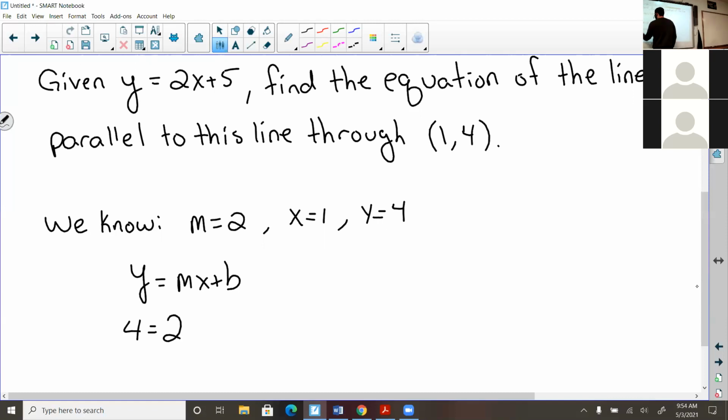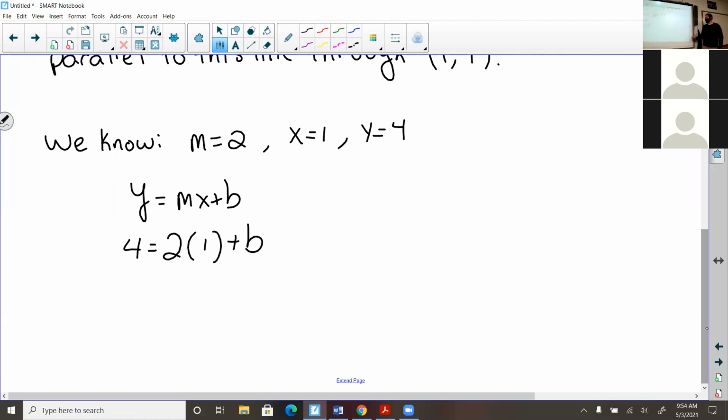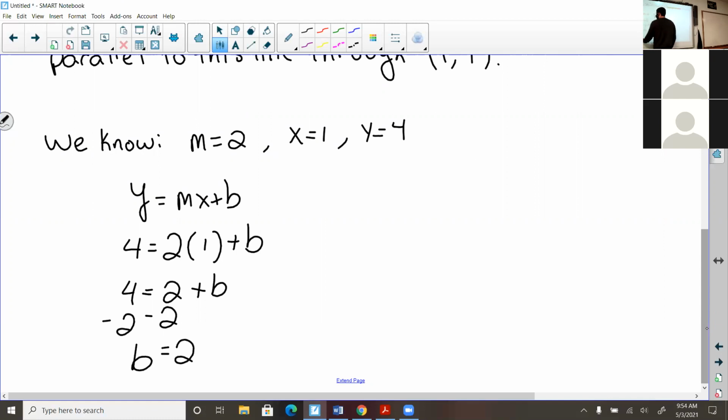4 equals 2 times 1 plus b. What's nice about these problems is it's the same process every single time. So 4 equals 2 plus b, subtract 2, b equals 2.